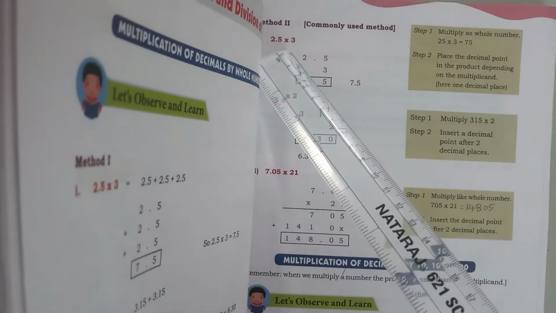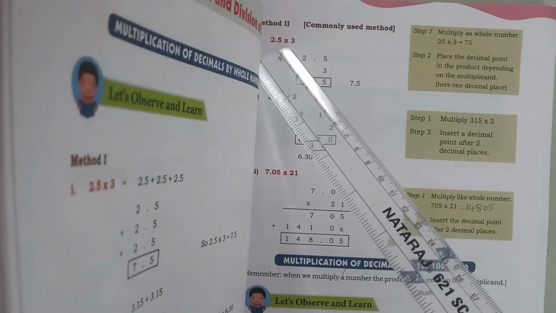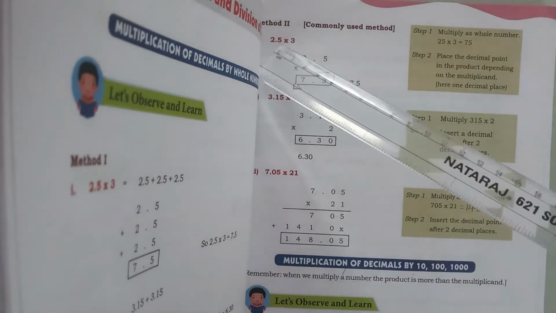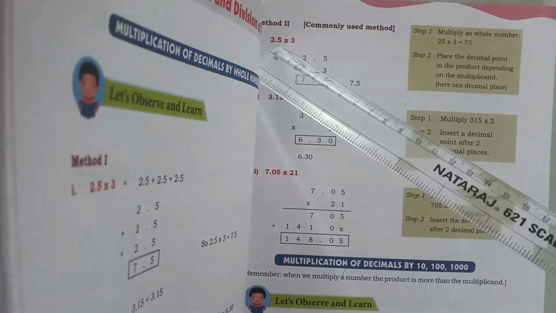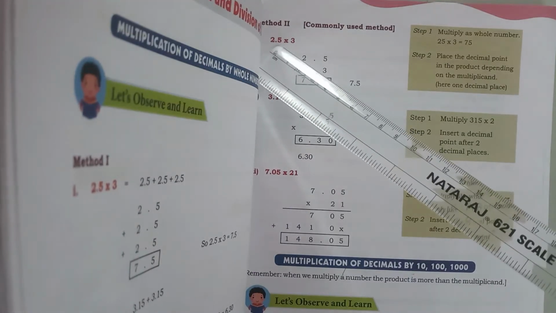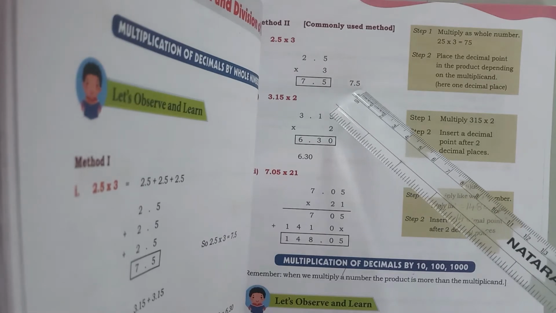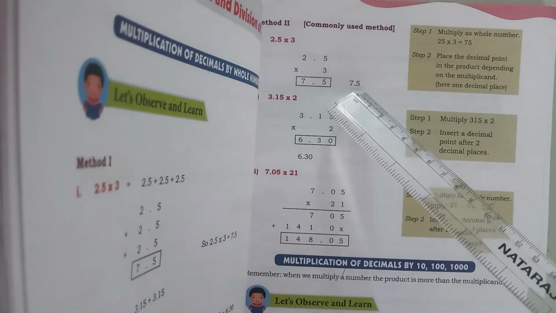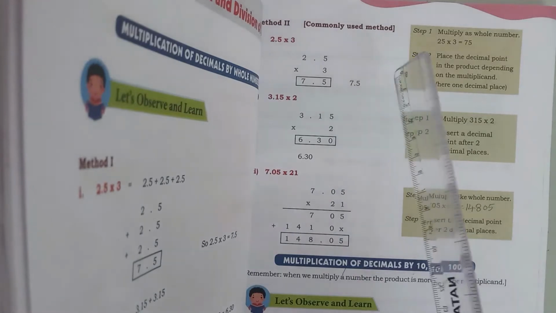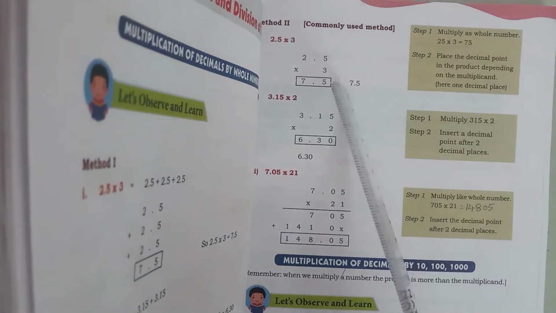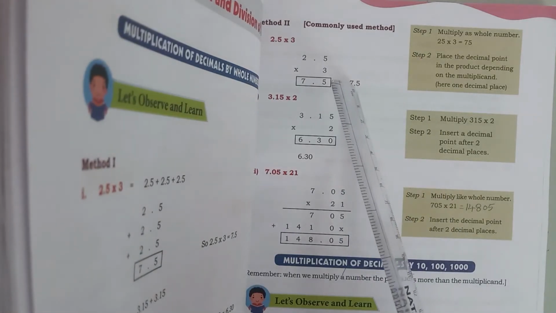Depending on the multiplicand means, how many places are there in the question? Only one place after the decimal point. So here we have to put the decimal point after one decimal place, counting from the right.